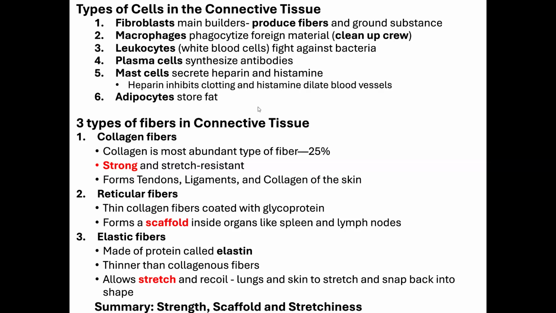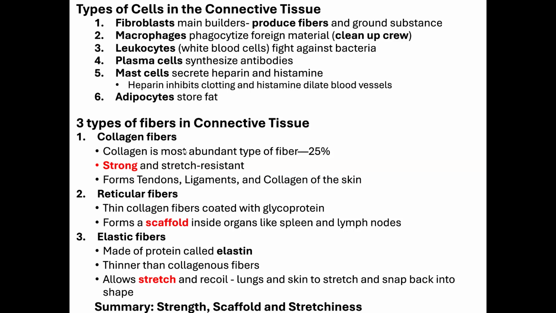Again, adipose tissue. What is adipose tissue? Fat. Fat tissue, yeah. That is connective tissue. So these are the types of cells. And we said the matrix consists of fibers and ground substance, correct? 3 types of fibers.